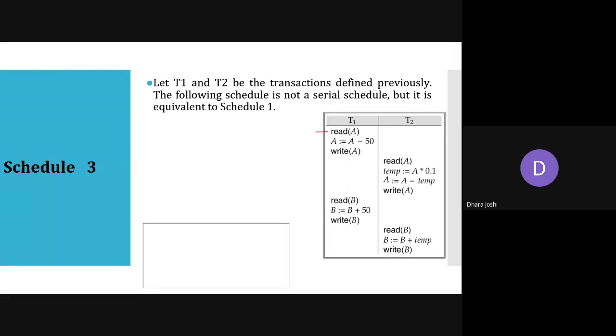Like we are doing these three statements first. After that, as per the time sequence, we are performing these four operations from T2. Then we are performing these three operations again. And after that, we are performing from T2. We need to follow this sequence.